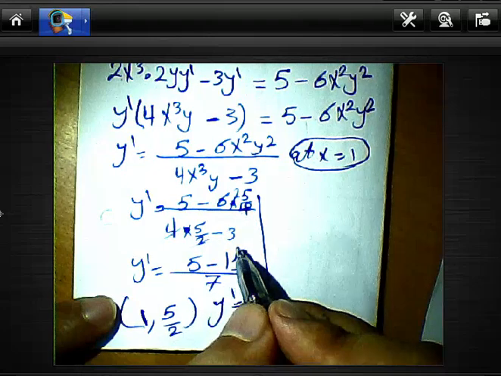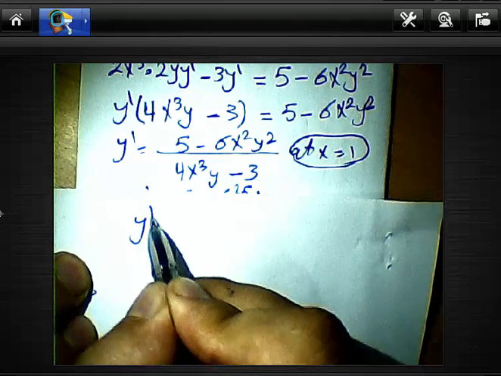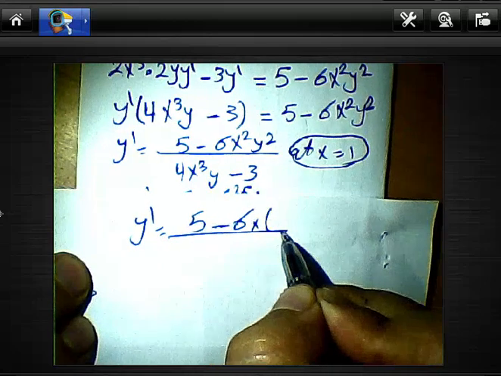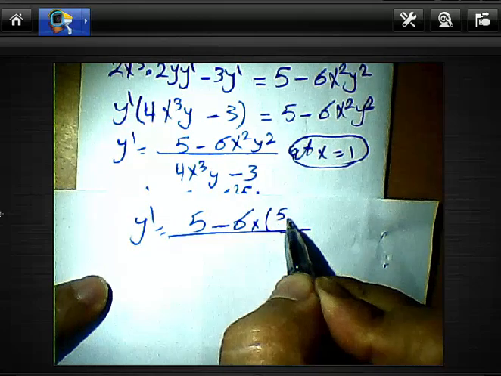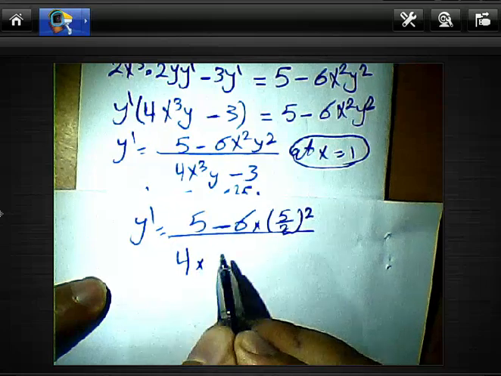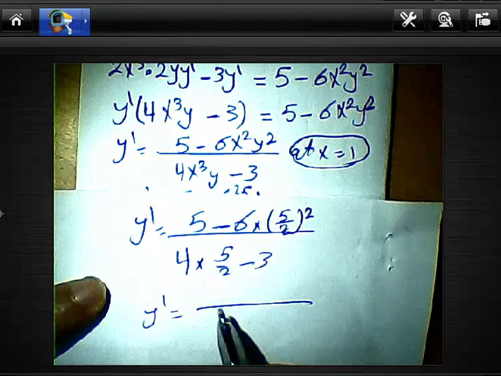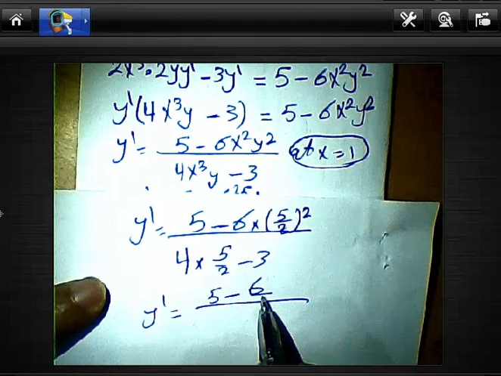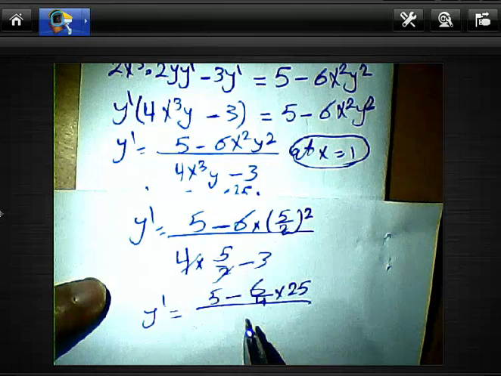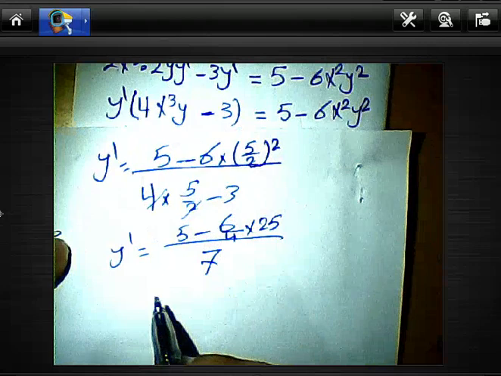So y' equals 5 - 6 multiplied by 1 multiplied by (5 over 2)^2 over 4x^3, with y equal to 5 over 2, minus 3. y' equals 5 - 6 over 4 multiplied by 25 over 4, divided by 2 equals 2, 2 times 5 is 10, 10 minus 3 equals 7. We can find the result for this expression.